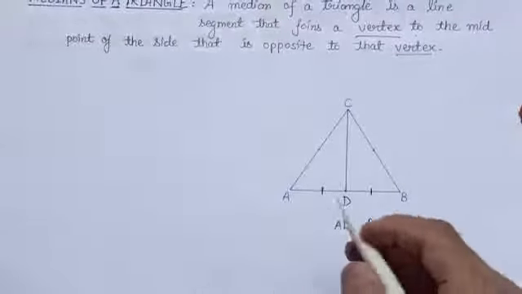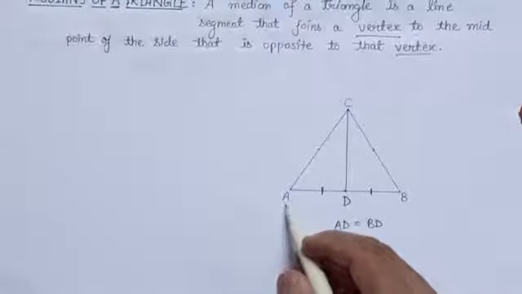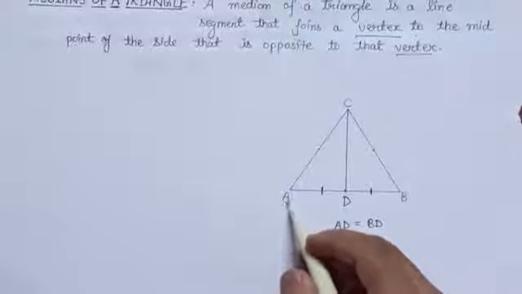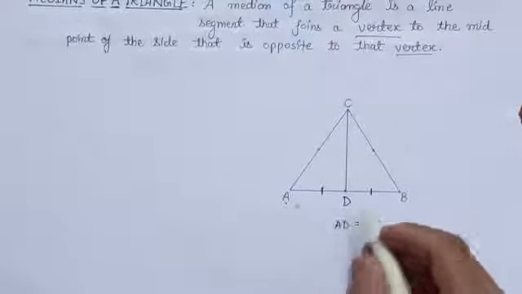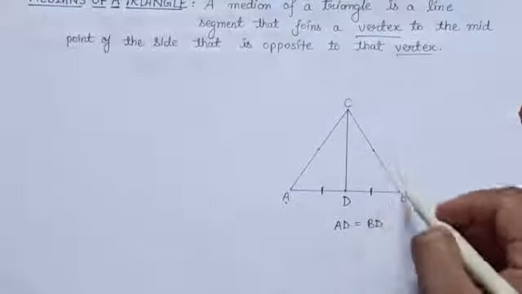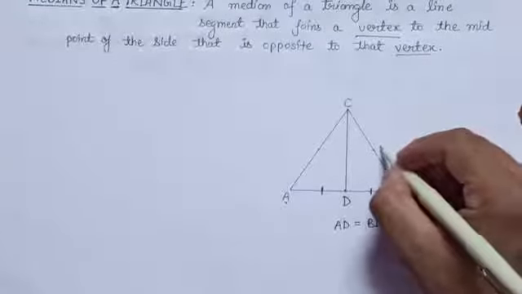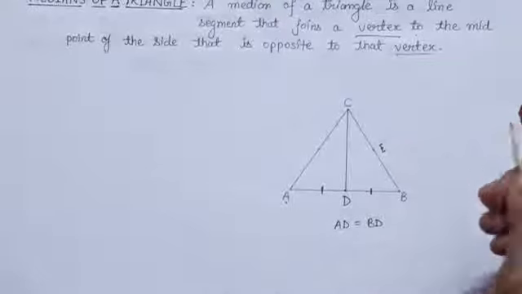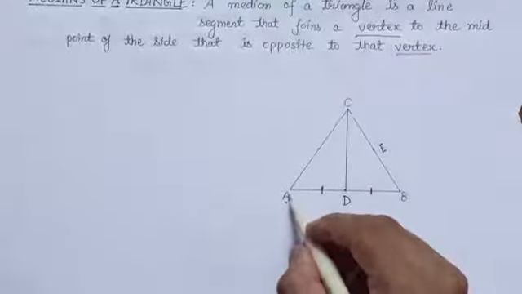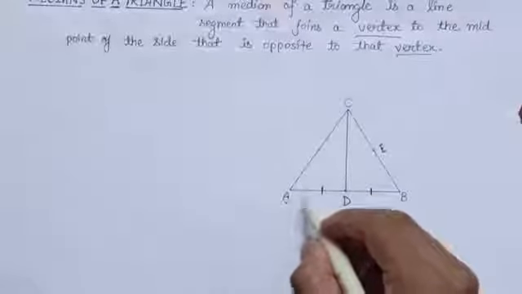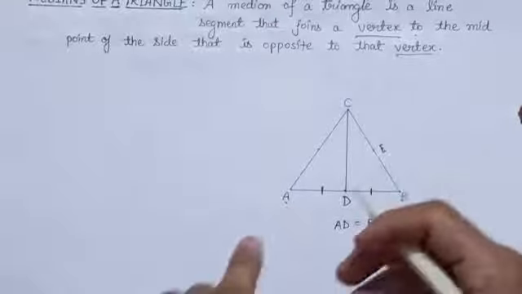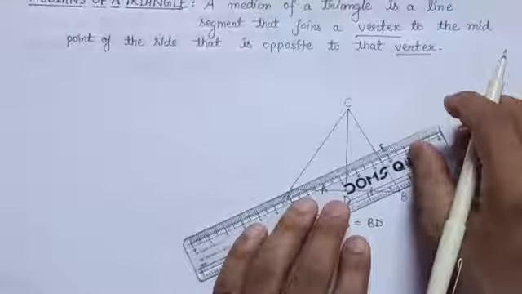In the same way, if we choose a vertex A, then the side opposite to the vertex A is the side BC. Let us say the midpoint of this side BC is E. Now if we join the vertex A to the point E, then what do we get?